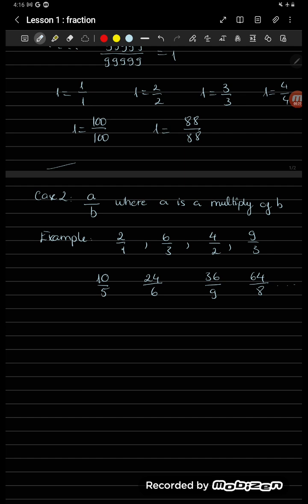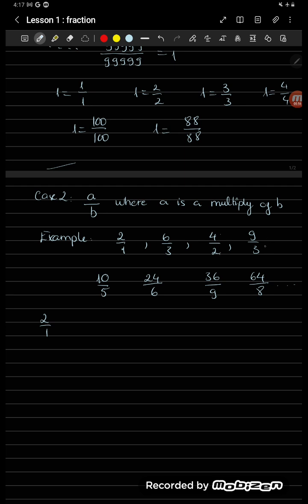In this case, you can see A is a multiple of B. The first fraction, 2 over 1: A is twice B, right? And 6 over 3, same thing. 6 is twice 3, so A is twice B. Similarly, we have 4 over 2.